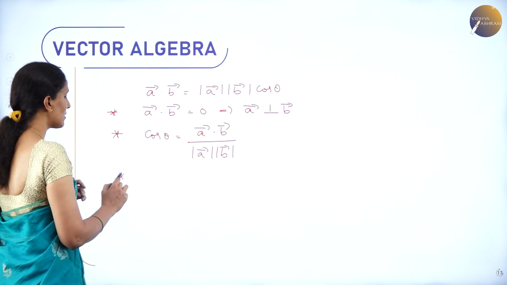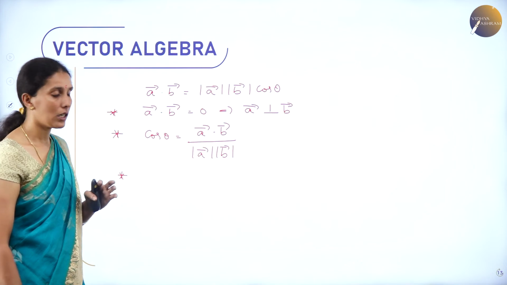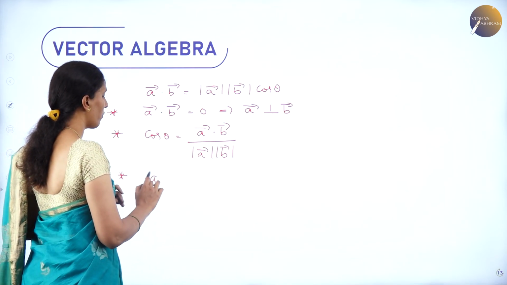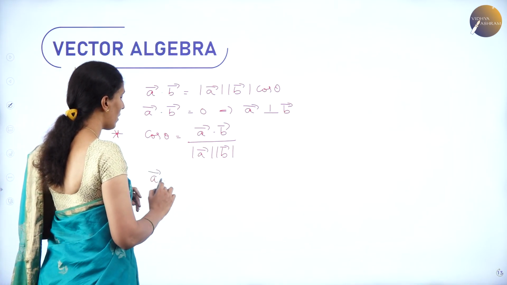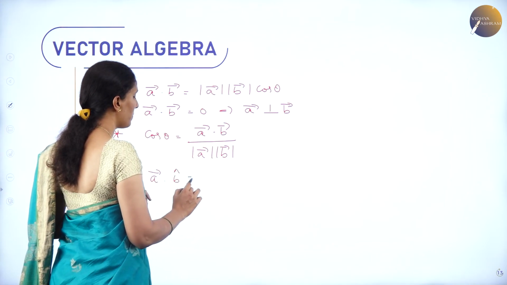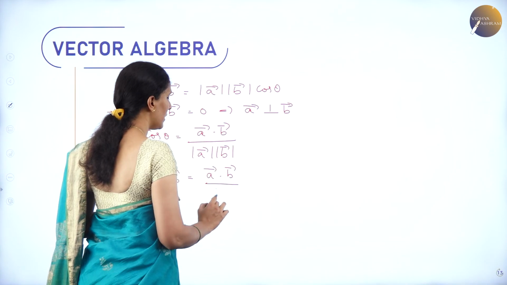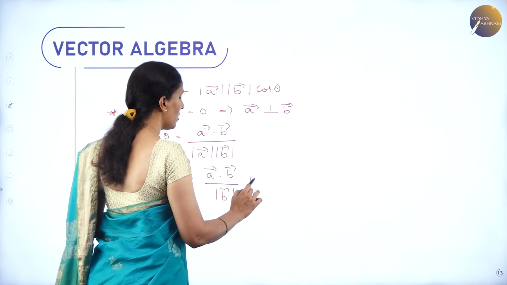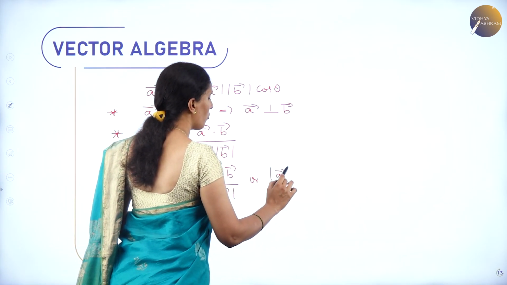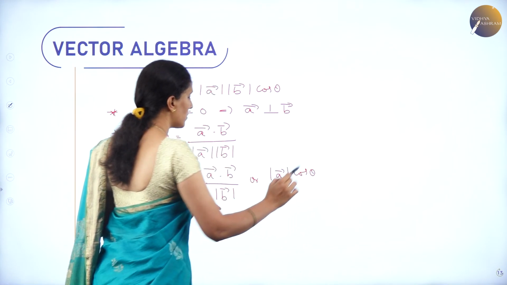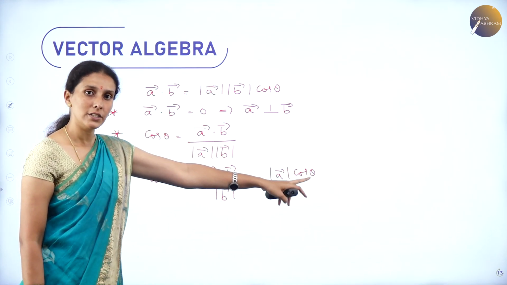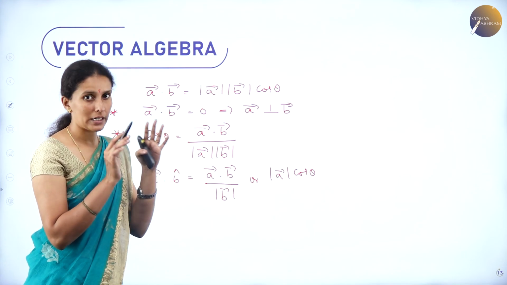And one more thing is the projection of a vector. The projection of vector A on B is given by vector A dot B cap, and this can be written in two forms, that is A dot B by magnitude of vector B, or we can write magnitude of vector A cos theta. This is possible whenever theta is known, whenever the angle between the two vectors is given.